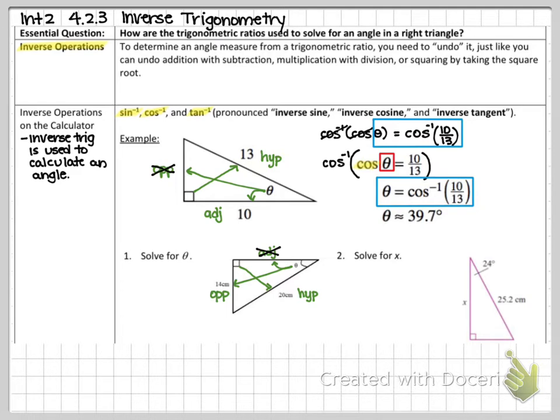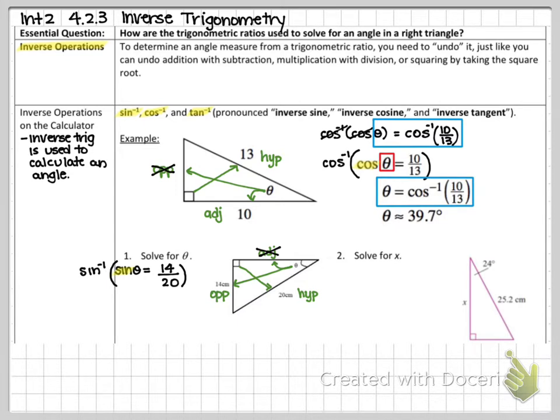That's going to be sine. So we know that it is sine of the angle, in this case is theta, is equal to the opposite side, which is 14, over the hypotenuse length, which is 20. Okay, we're looking for the angle, so let's look at this trig. If the trig is sine, then the inverse operation of that is sine inverse. So we're going to take this whole thing, and we're going to do sine inverse as the operation, or inverse sine.